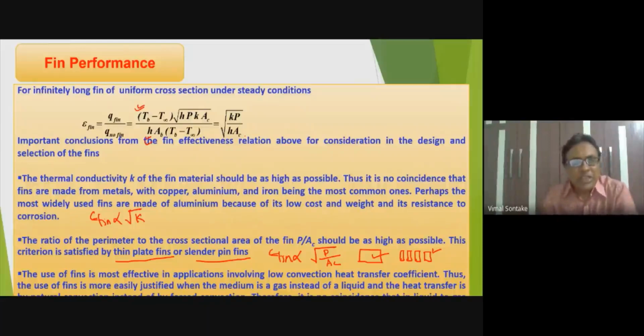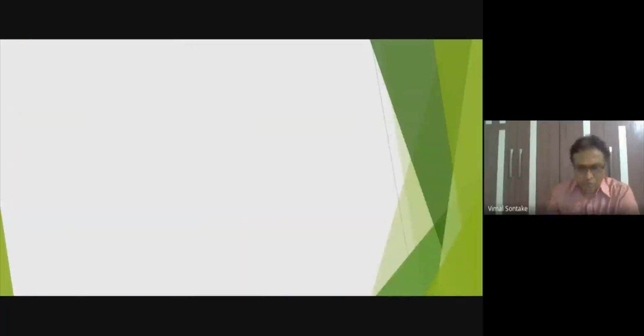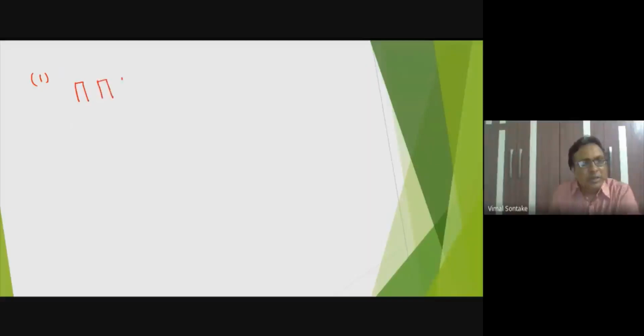So let us have a look at one more elaboration of all these three important conclusions. So conclusion 1: let's say there are 3 fins attached to the base surface.